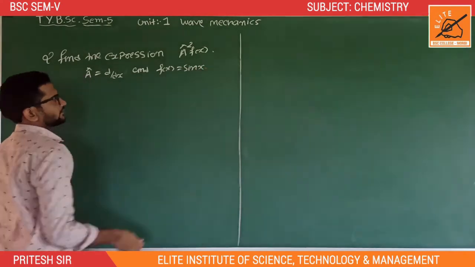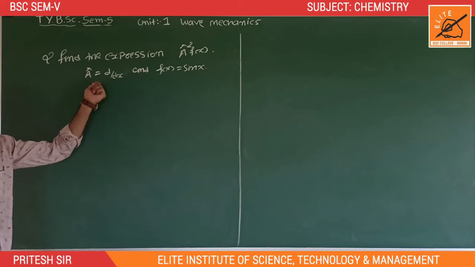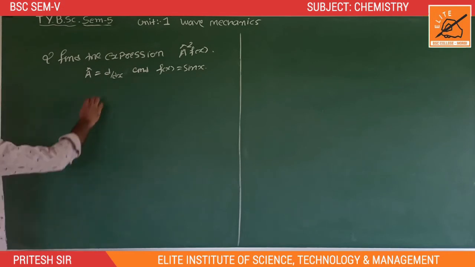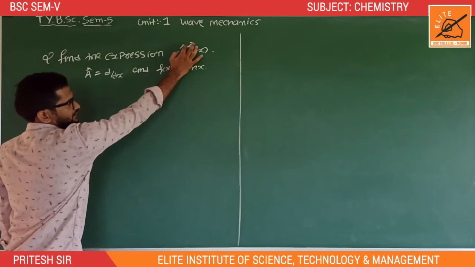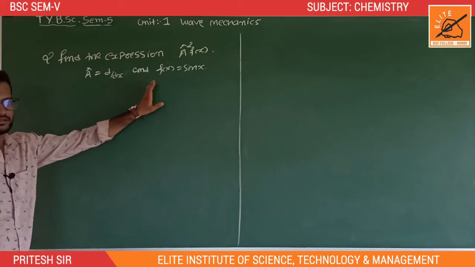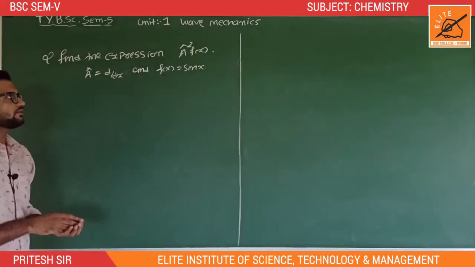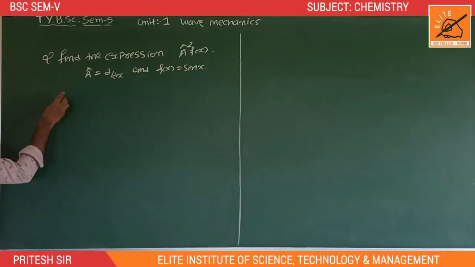In your university exam this question is asked for 2 marks. So find out the expression of A square f(x). Operator A is equal to d by dx and f(x) is equal to sin x.